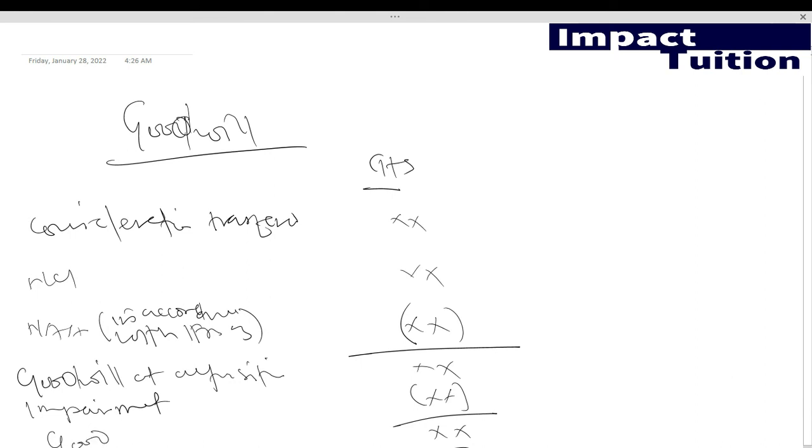Goodwill at reporting. We will pick specific examples and work things out so we understand.